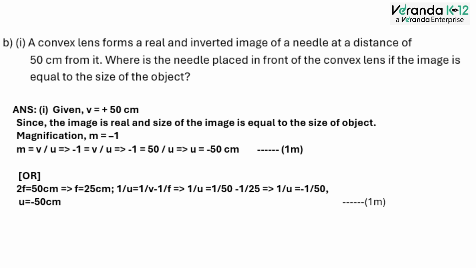Or, as the image is formed at 2f, which is equal to 50 centimeter, 2f is equal to 50 centimeter, then f is equal to 25 centimeter. Using formula 1 by u is equal to 1 by v minus 1 by f, on substitution, u value can be obtained as u is equal to minus 50 centimeter.